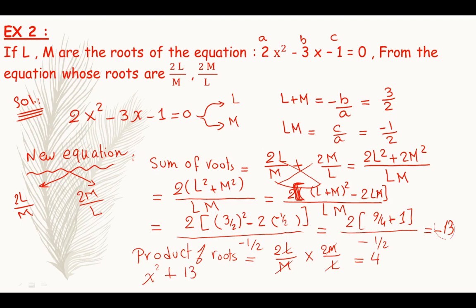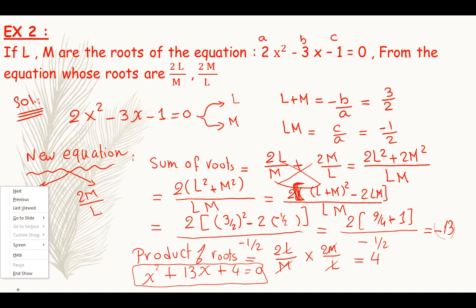But don't forget, the sum of the two roots will be multiplied by x, so it will be 13x, plus the product, plus 4 equals 0. Okay, so this is the new equation, whose roots are 2L over M and 2M over L.